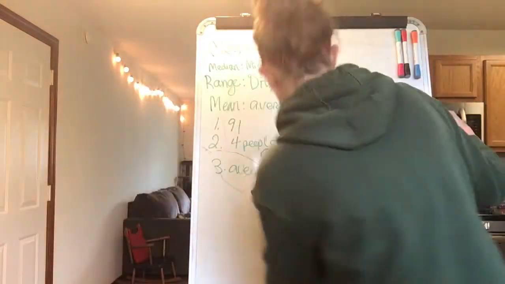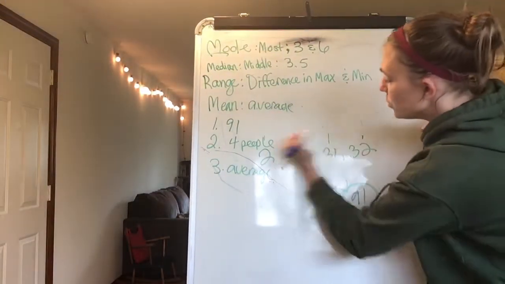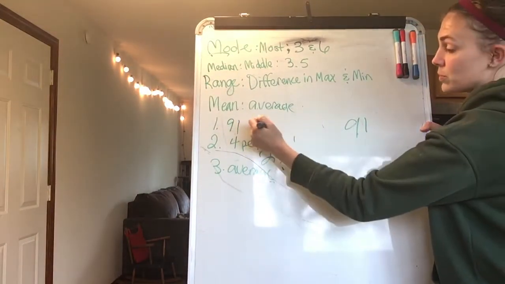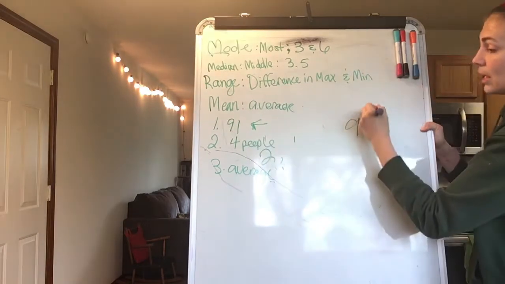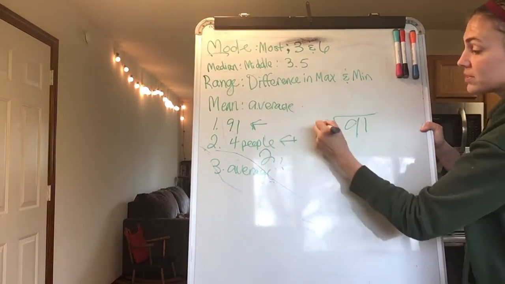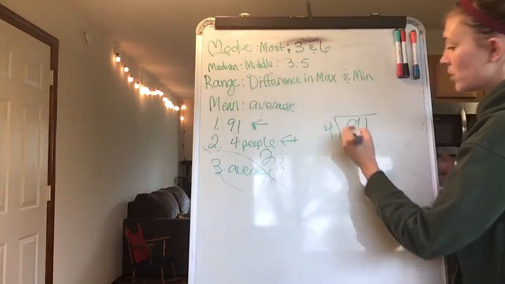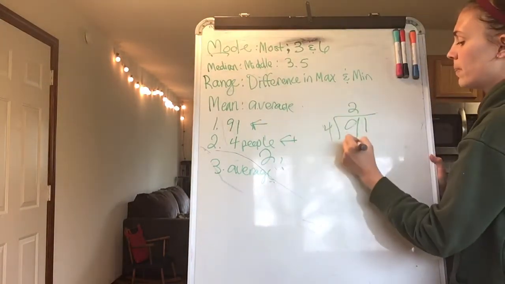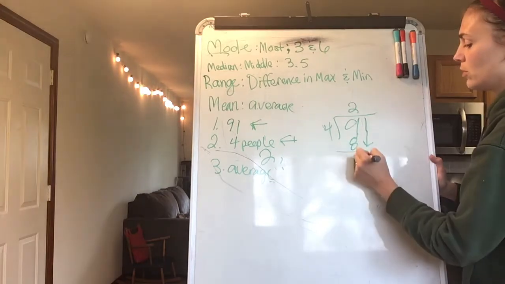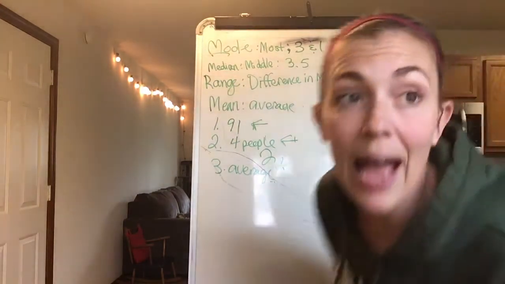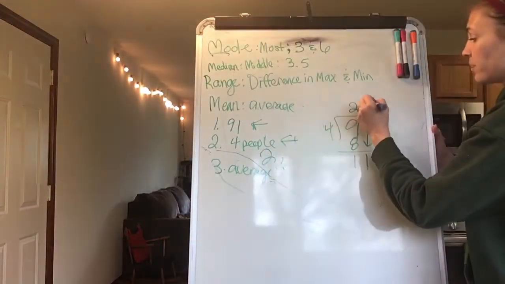So I'm going to erase this so there's more room. I take 91, which is my total, and I'm going to divide it by 4. This is why practicing your division is always a good idea. 4 goes into 9 twice. Bring down your 1 from your 1's place. 4 goes into 11 how many times? 2 times, almost 3.